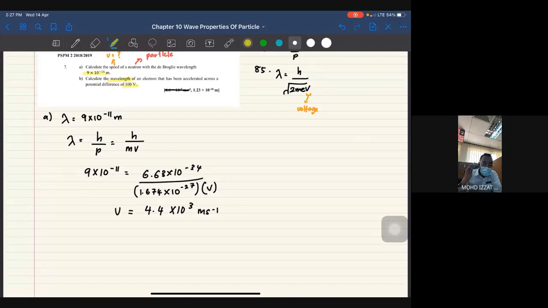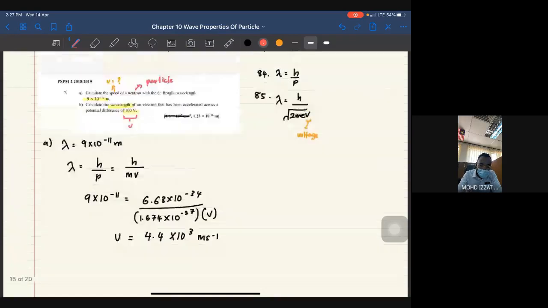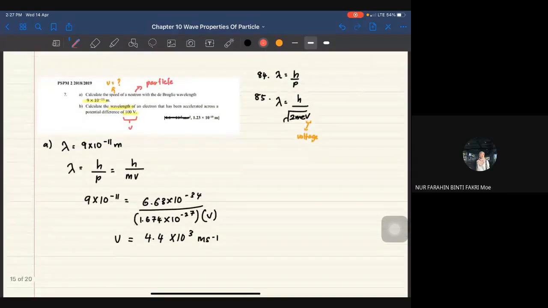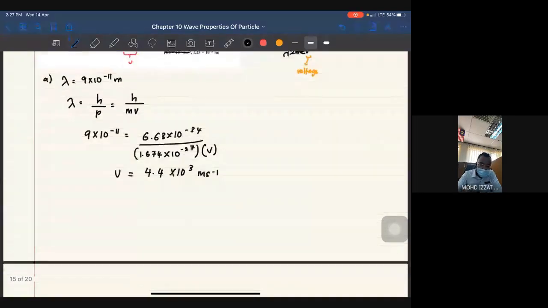So basically you want to find lambda and you're given 100 volt, what is that? Voltage. Yes, voltage. So which formula do you want to use? 84 or 85? 85. Yes. 85, sir. Very straightforward. This chapter is really straightforward. It should not be a problem.